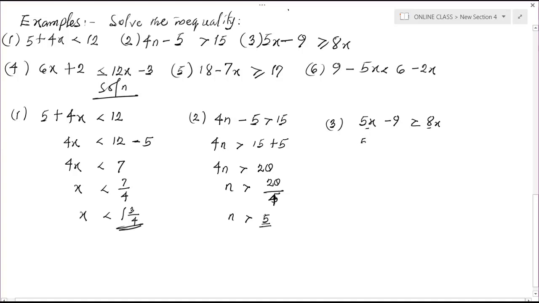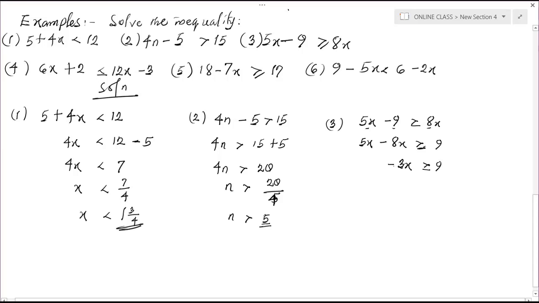So 5x minus 8x is greater than or equal to, and minus 9 is going to change to plus 9 when it transfers to the other side. When you transfer a number from one position to another, you should change the sign, unless you are changing the two sides totally. But when you are changing single by single, you change the sign. So here we have 5x minus 8x, that is minus 3x, is greater than or equal to 9.